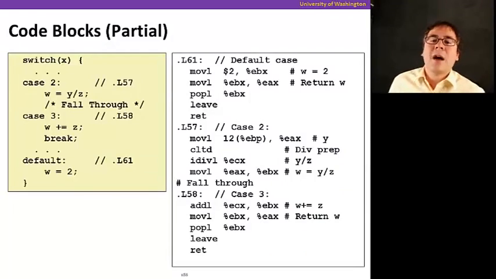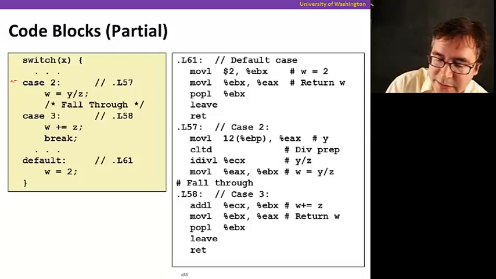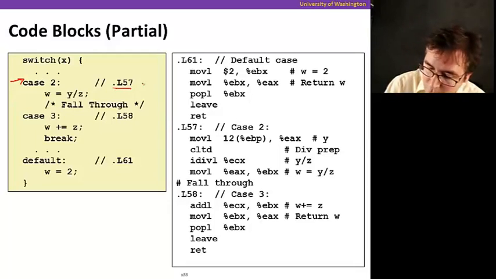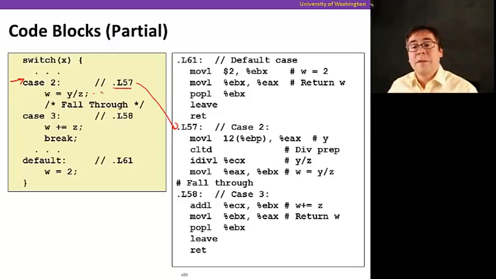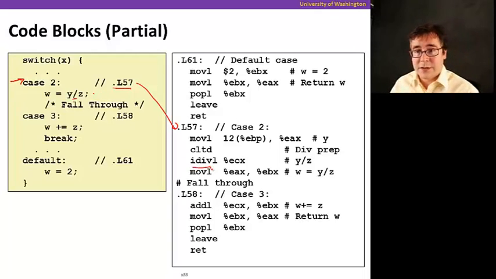So now let's see how the code blocks are implemented. Suppose we're interested in case 2 here, and case 2 happens to be mapped to label .L57. That means this is where the assembly code that implements the block for case 2 is located. We have a division here, so that's why we must have a division instruction.